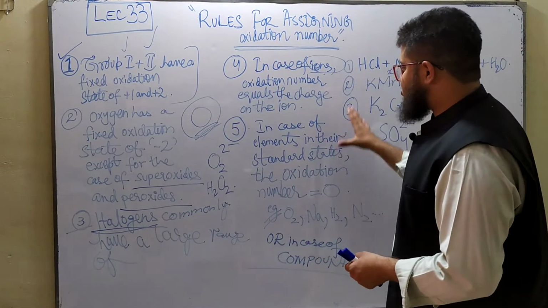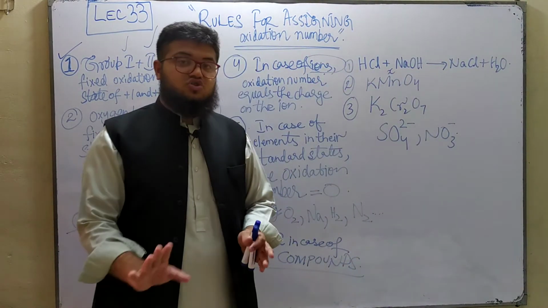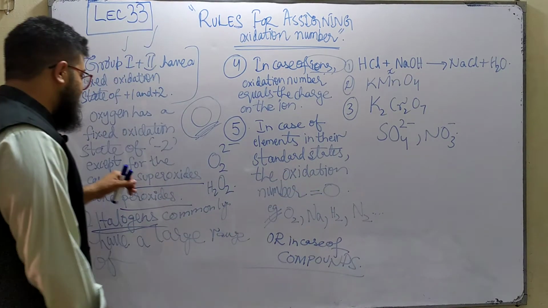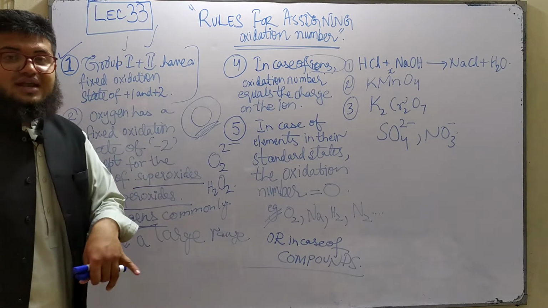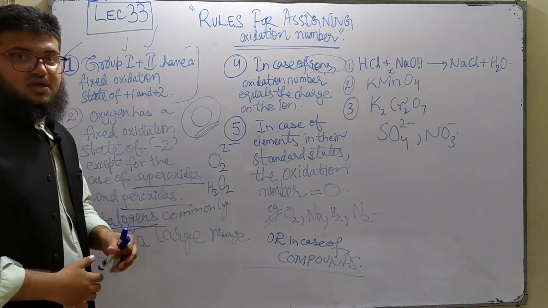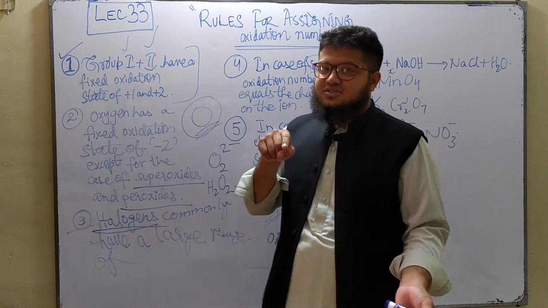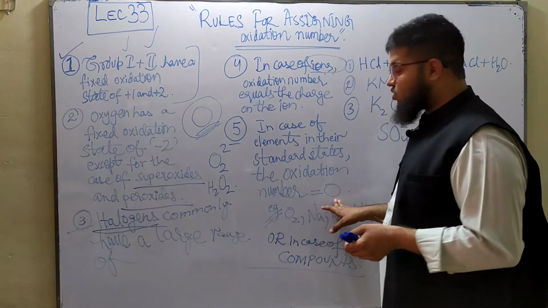Now in case of elements in their standard states or in their elemental form, the oxidation number is always going to be 0. For example, you have the same oxygen, but you don't have oxygen atoms, rather you have oxygen gas. Oxygen is a gas at room temperature and pressure. This oxygen gas will not have an oxidation number of -2, rather it will have an oxidation number equal to 0.